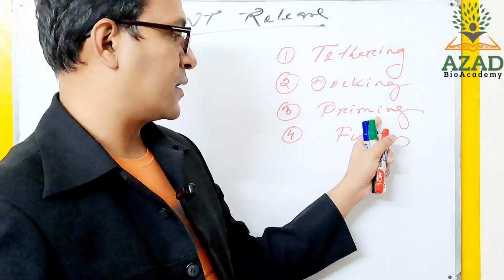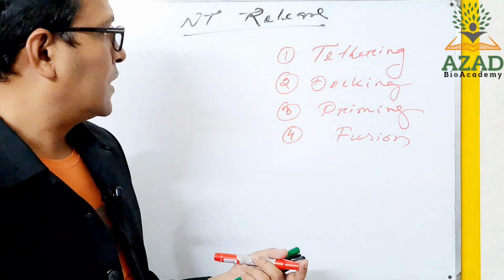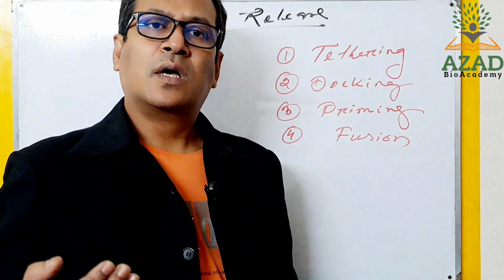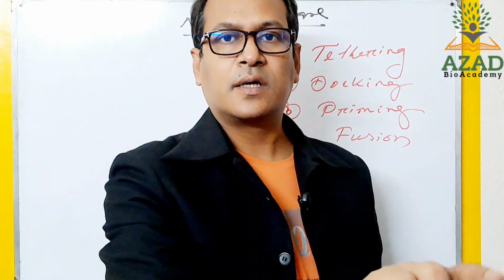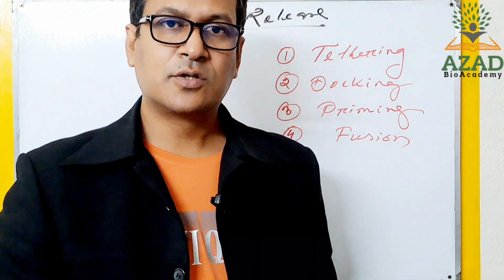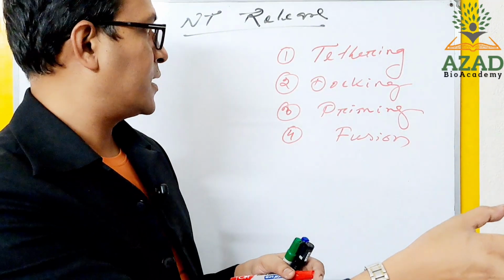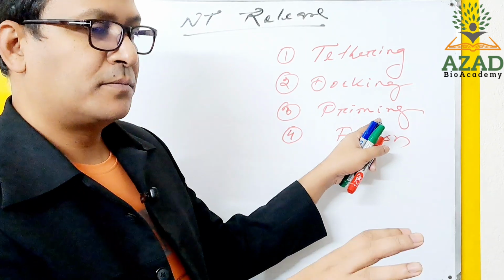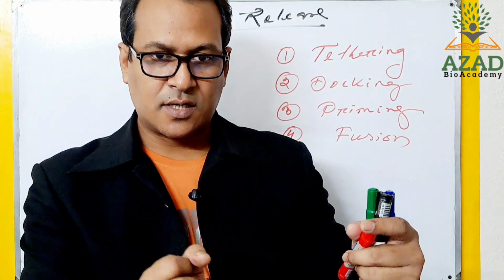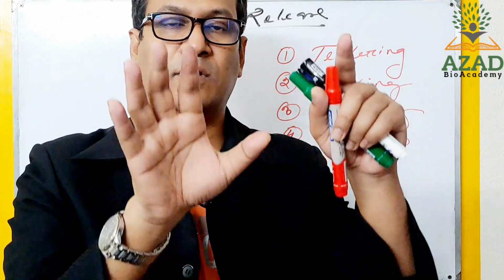That is priming. And fusion means the final stage. Okay, if you try to park your car in a particular parking area, at first you have to come close to your parking area, then you have to enter your parking zone, then you have to adjust your car to the proper position, and finally you fix it.